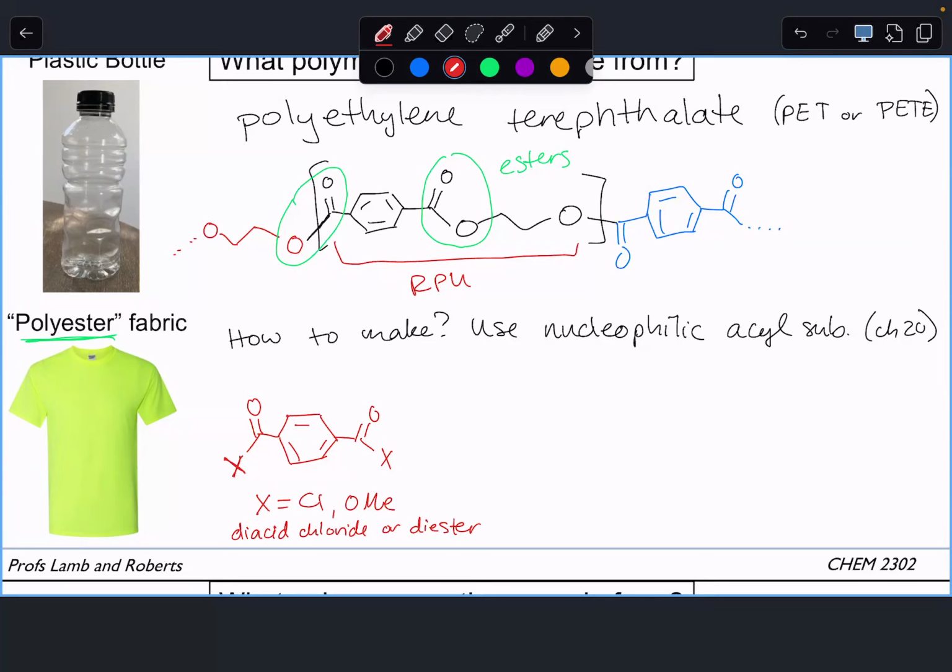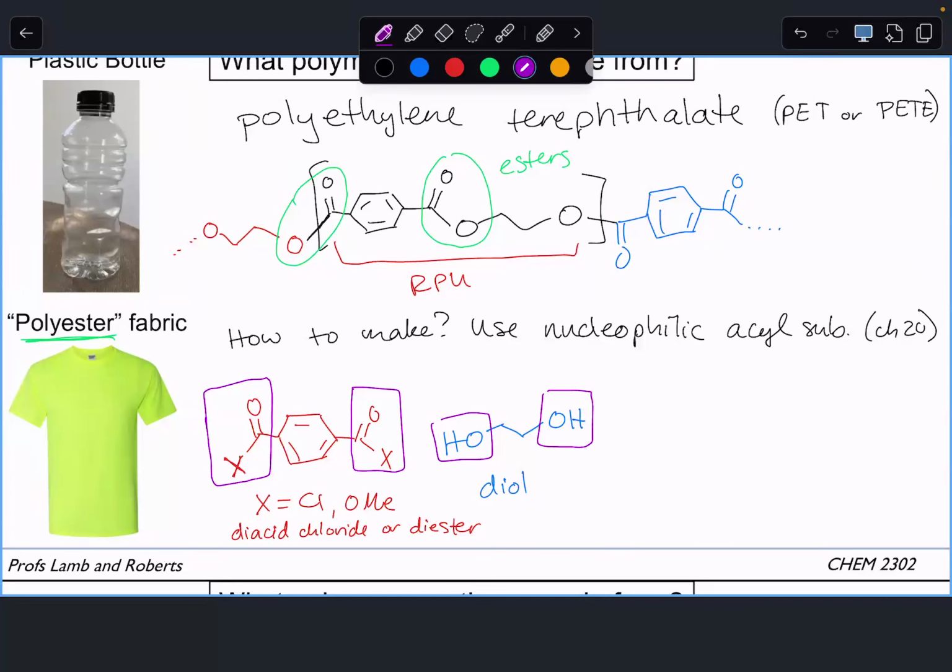So now we need a nucleophile. And in this case, it's going to be a diol. So we essentially have our electrophile and our nucleophile, but we just have 2 of them in each molecule.